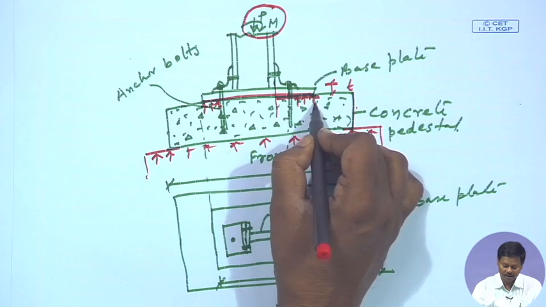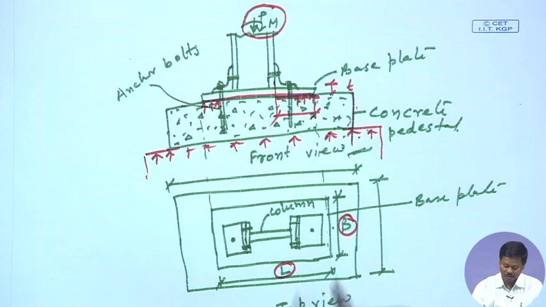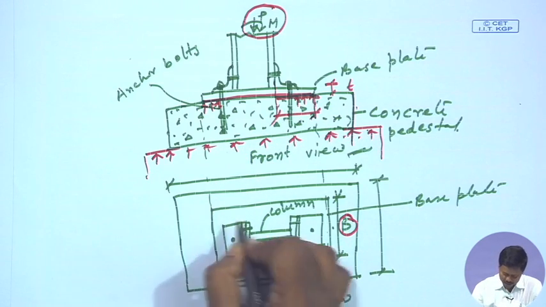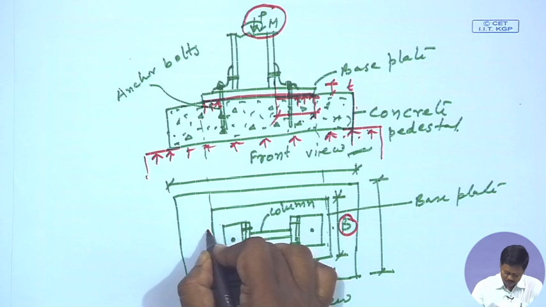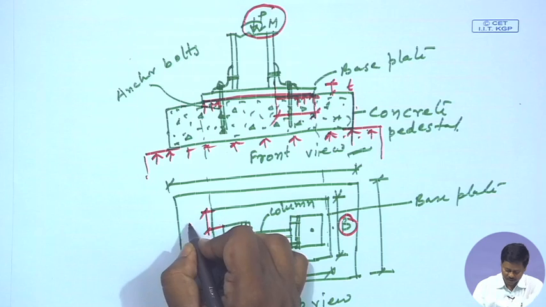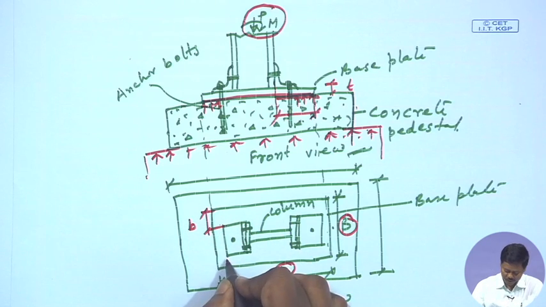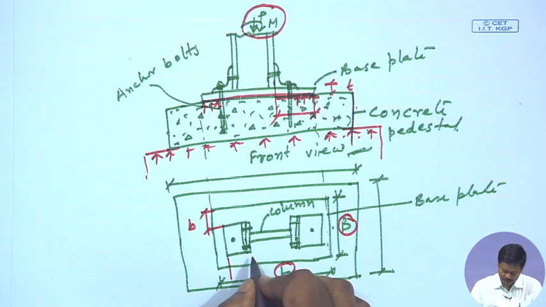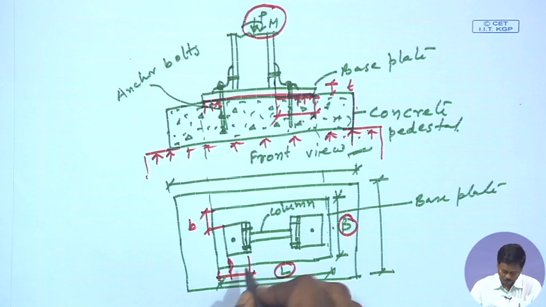So, we need to know what will be the projection in both the directions. Say in plan we can see the projection from this direction, we can say B, and projection in this end will be, say, A. Okay.